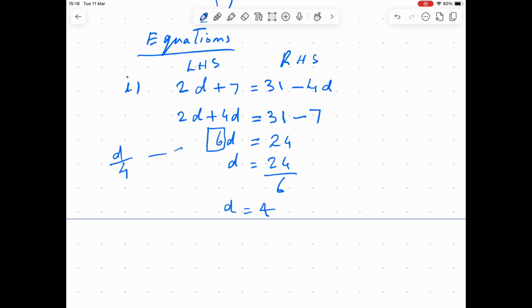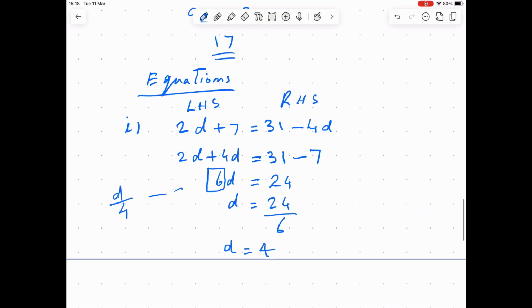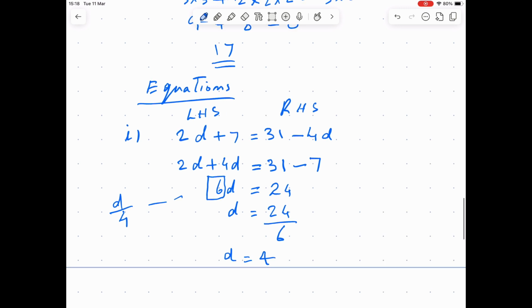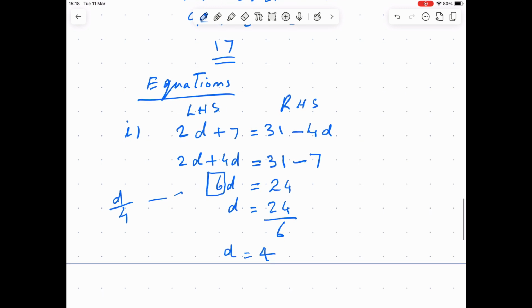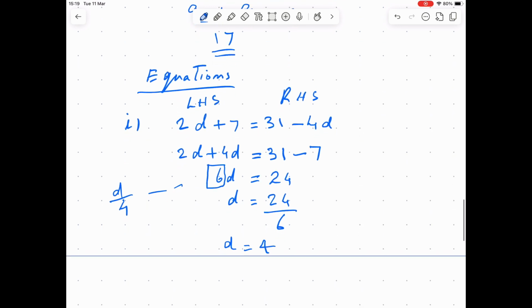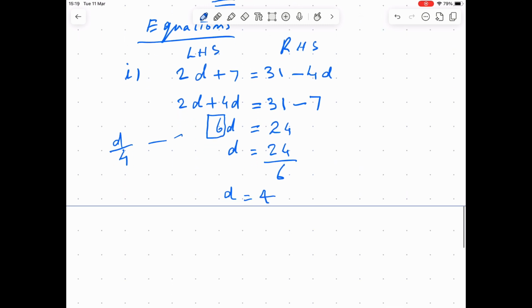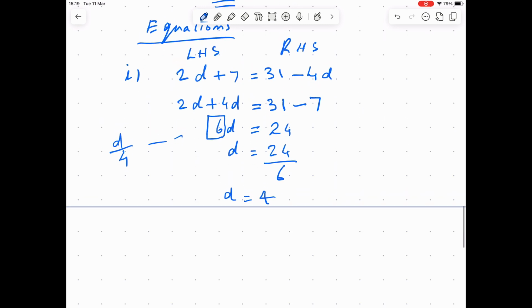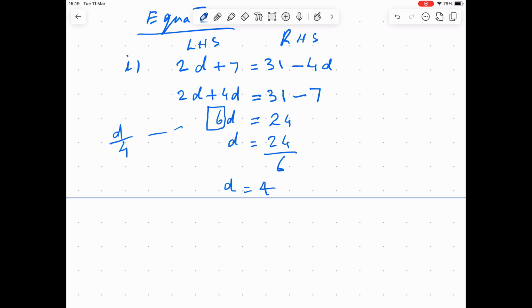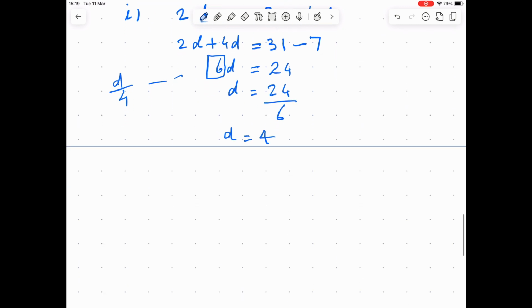So in the equations, once you found the answer, you can always check whether your answer is correct by substituting the numbers back into there. For example, 2D plus 7 equals 31 minus 4D. So we're going to put the value of D in there.